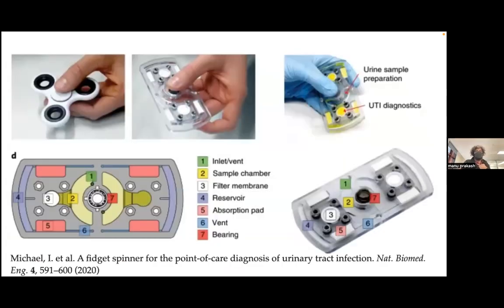And then after we posted that, there are a couple of other tests that have come out. Inspired by that, somebody built a UTI test for urinary tract infection on fidget spinners. It's significantly slower, but it turns out for that application, that's actually good enough, which is also valuable. But again, it's very important to think about objects that are lying around us.